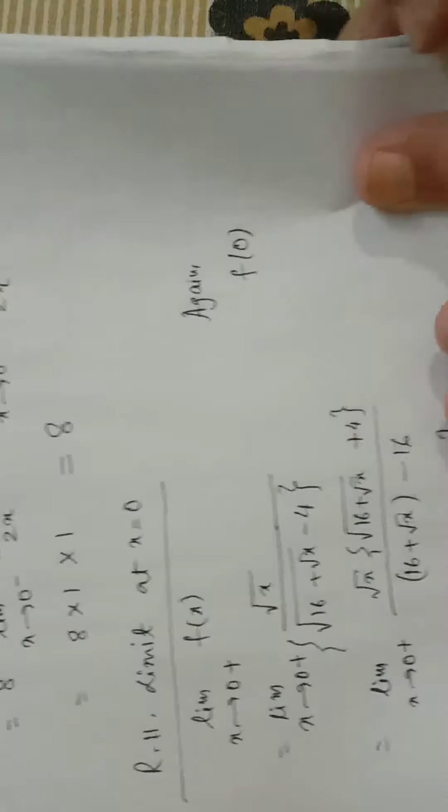X tends to 3 plus means x is just greater than 3, say 3.001, and its box will be 3 only. Similarly, if x is just greater than a, its box will be a only. So a minus a is equal to 0. You can see the left hand limit is 1, the right hand limit is 0.